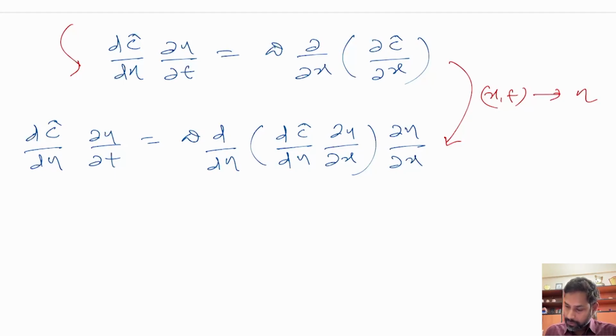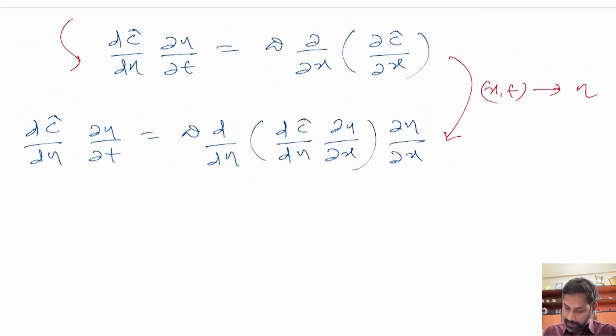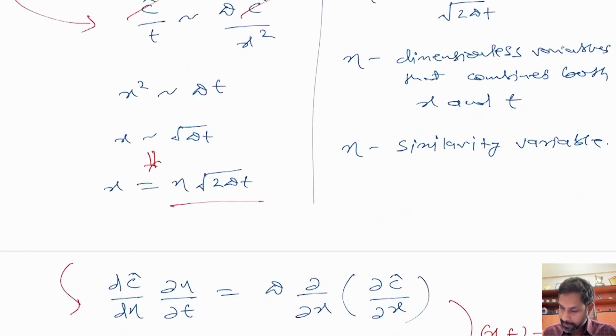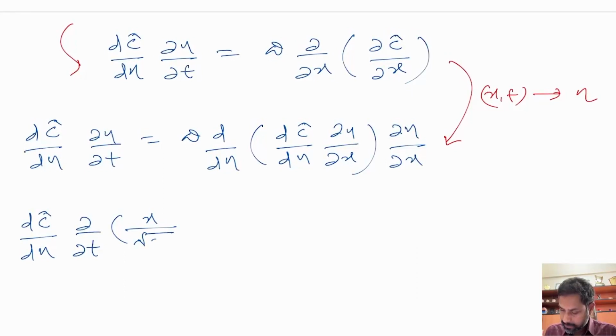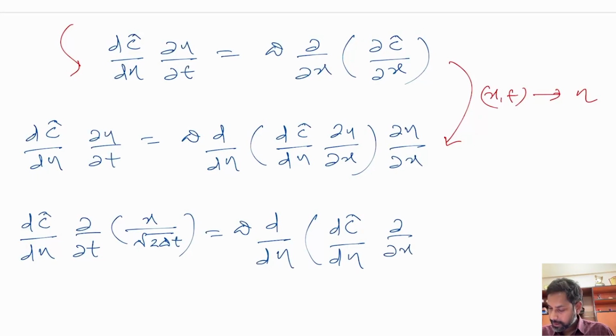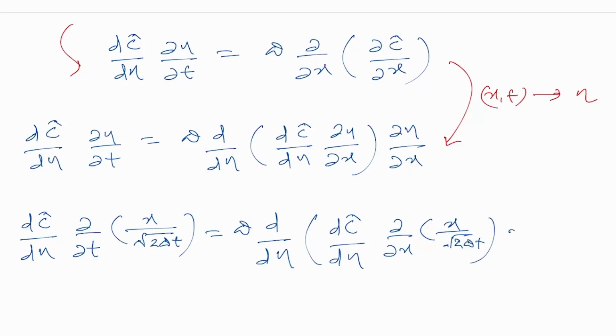All right, so now we know eta is already defined in this way. So what we can do is we simply replace eta with x over square root of 2 dt, giving d eta over dt and d by dx of x over square root of 2 dt.